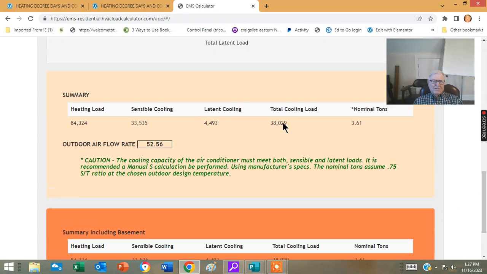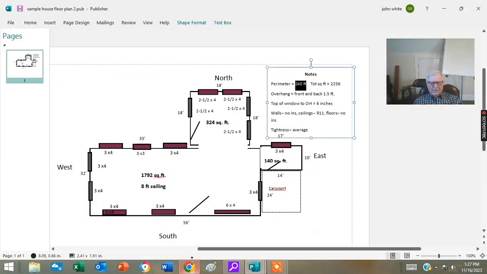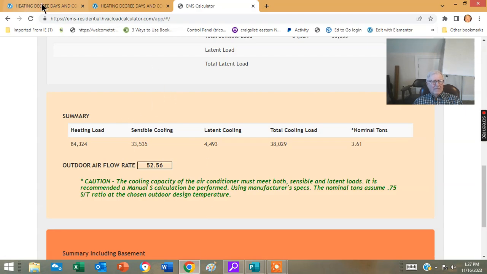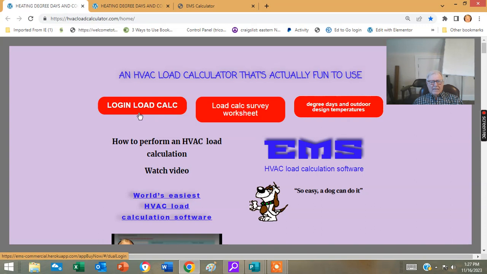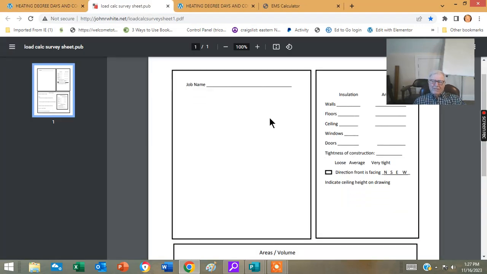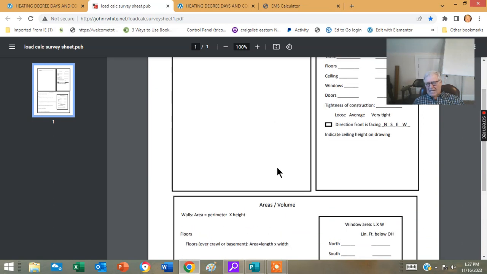I want to go back to my website here if I can find it. You'll notice up here it's got "you calculate." It says load calc survey worksheet. You can click on that and print this out and carry it out to the house.